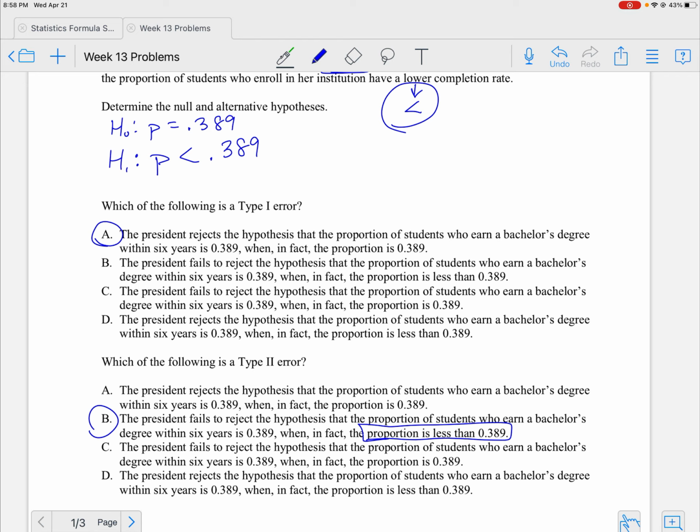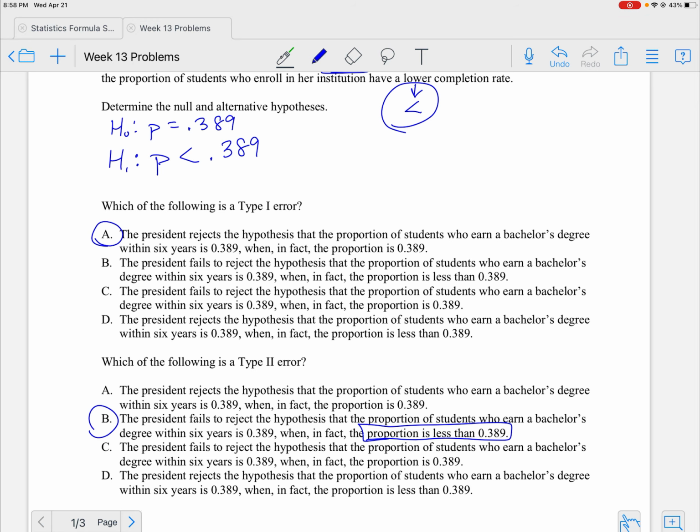I have new evidence to support a new finding, not what I currently have. That's when you reject what you currently have. If your evidence isn't enough to support what it is you're currently doing, then you keep it. You do not reject. If I don't have enough evidence to change my mind, you do not reject. You keep that status quo. So that's where your errors come in.